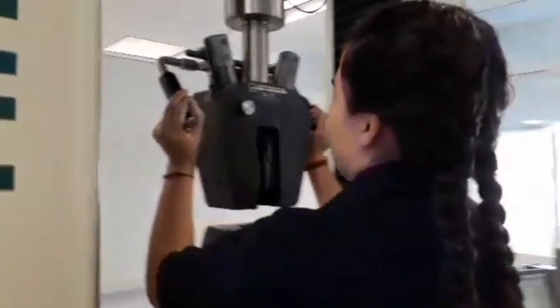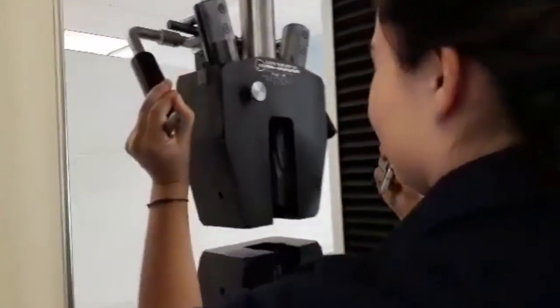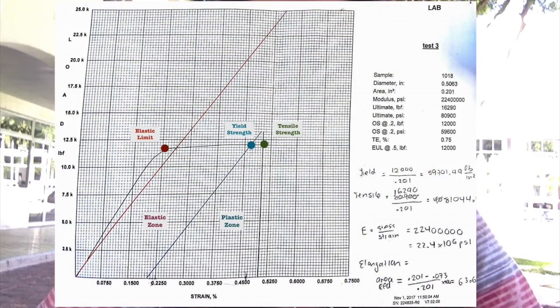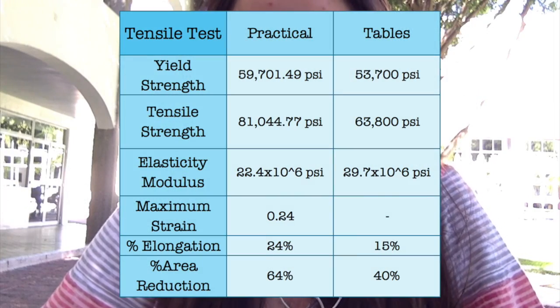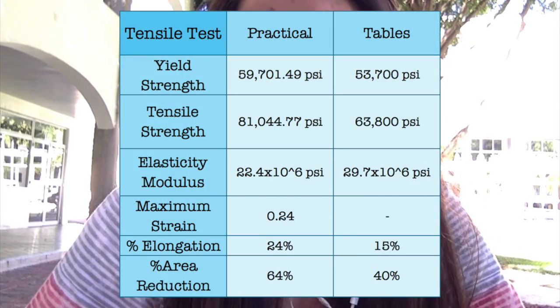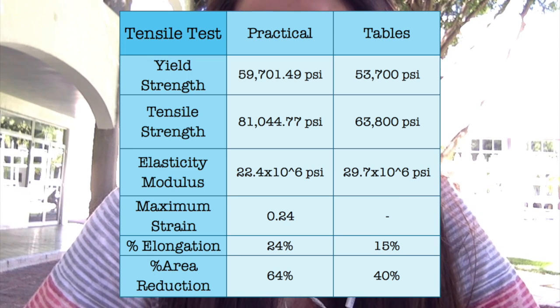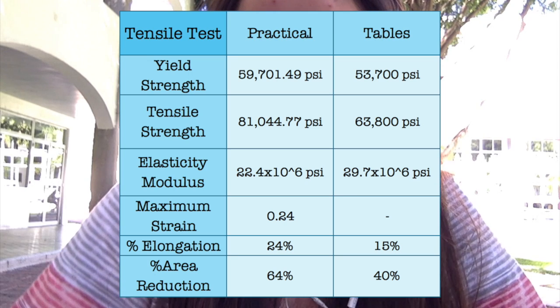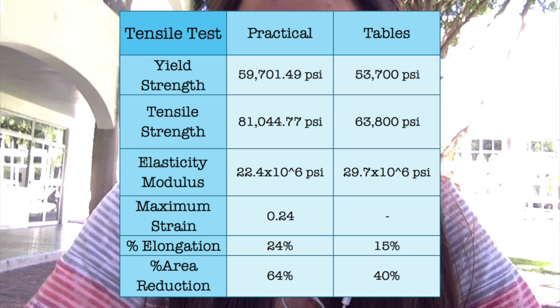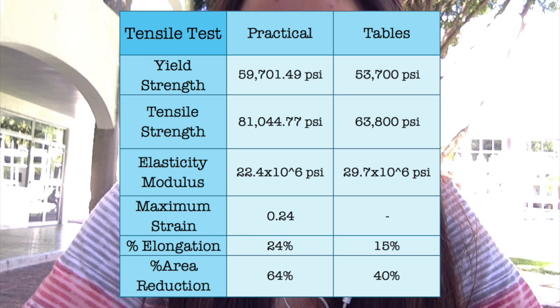For the tensile test, first we measure the initial length and also the initial diameter. With those values we got the initial area. We put the type of material in the software and also the diameter in millimeters, and after some calculations we got a yield strength of 59,701.49 psi, a tensile strength of 81,044.77 psi, and an elasticity modulus of 22.4 times 10 to the 6 psi.